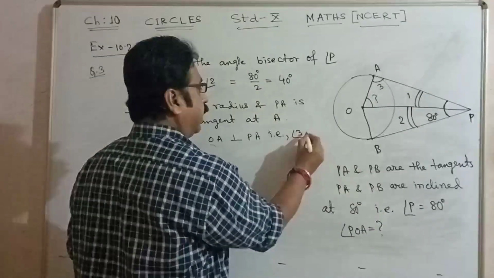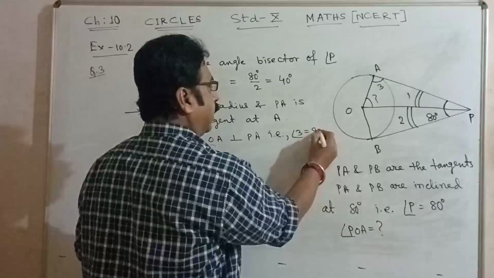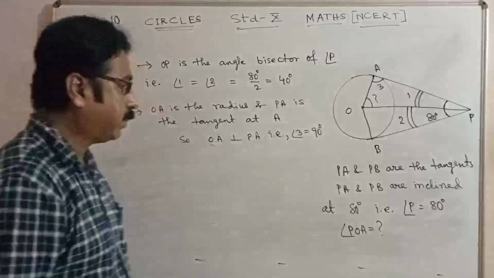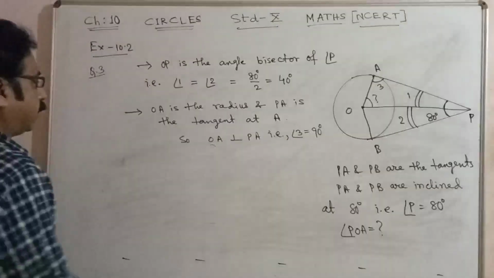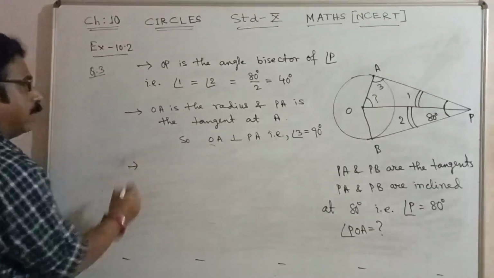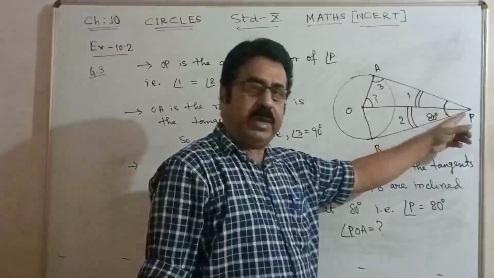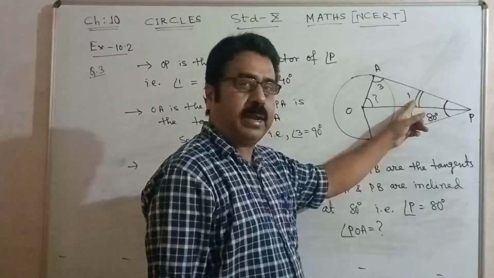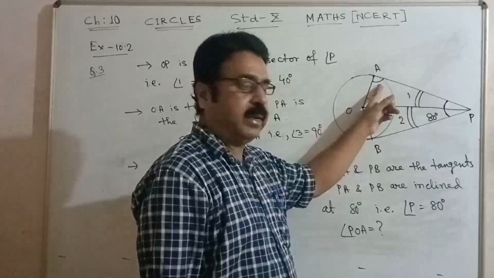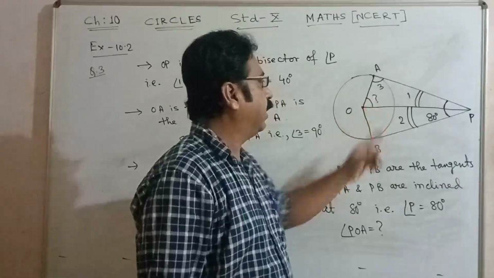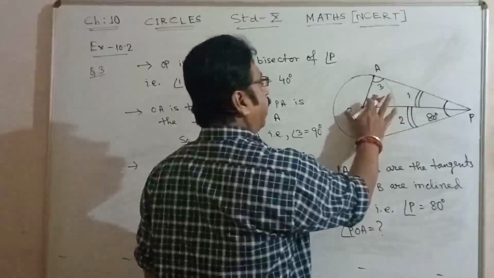Angle 3 will be 90 degree. In triangle OAP, we got this angle, angle 1, this angle, angle 3. We have to calculate this angle. Suppose this angle is angle 4.